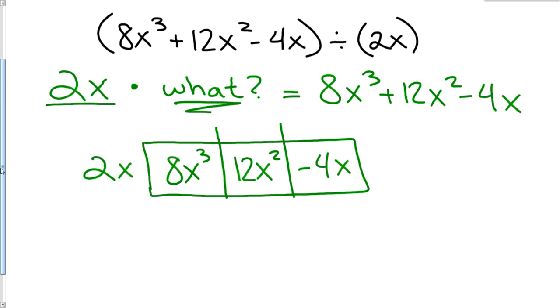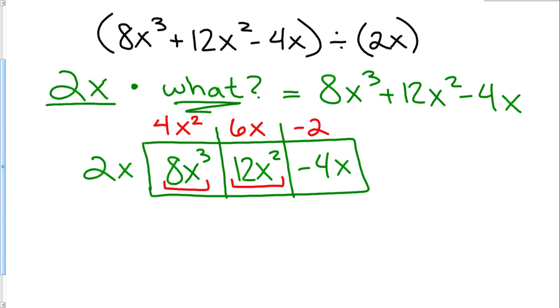So 2x times what gives us 8x to the third? Well, we know 2 times 4 gives us 8, and x times x squared gives us x to the third. 2x times what gives us 12x squared? 2 times 6 gives us 12, and x times x gives us x squared. 2x times what gives us negative 4x?